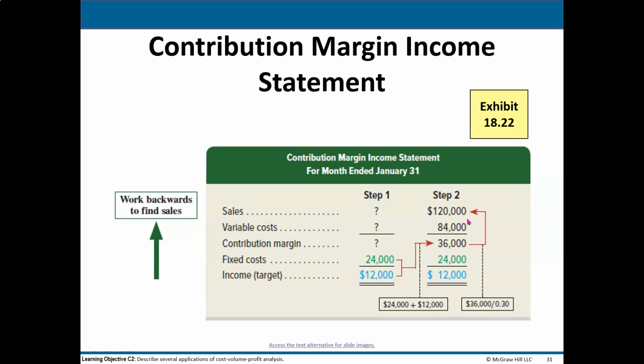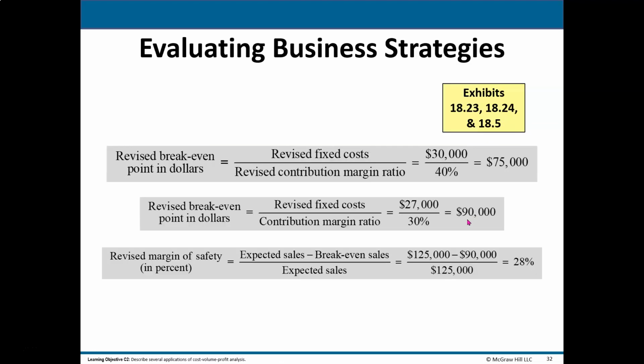Now, I can also undertake some evaluation of business strategies. For example, let's look at two separate independent situations here. Under the old assumptions, the sales price is $100 and my variable costs are $70 per unit.